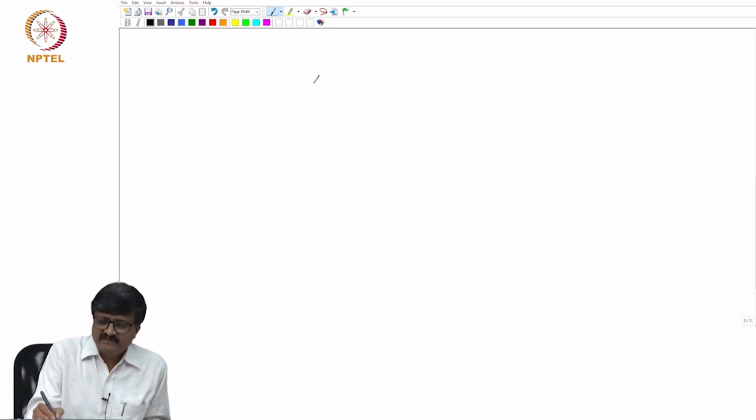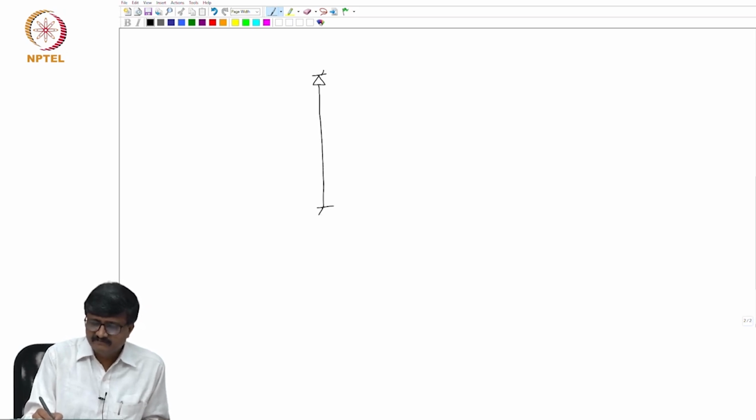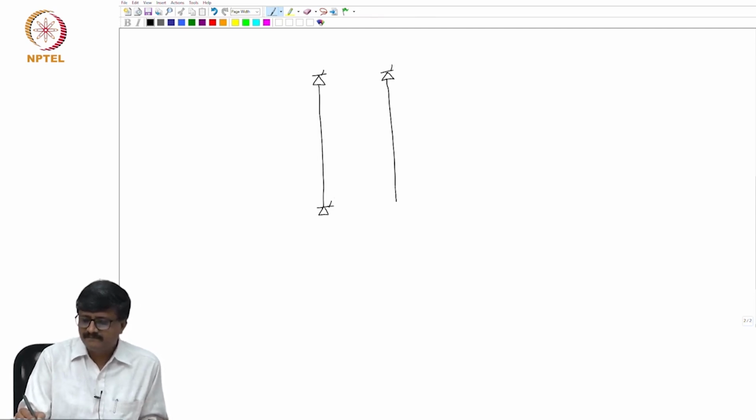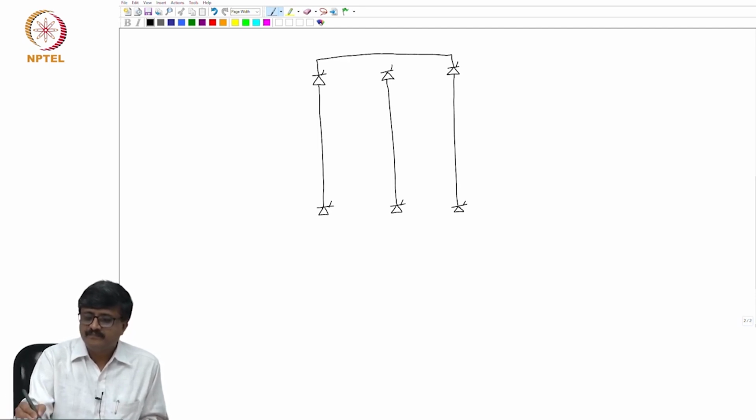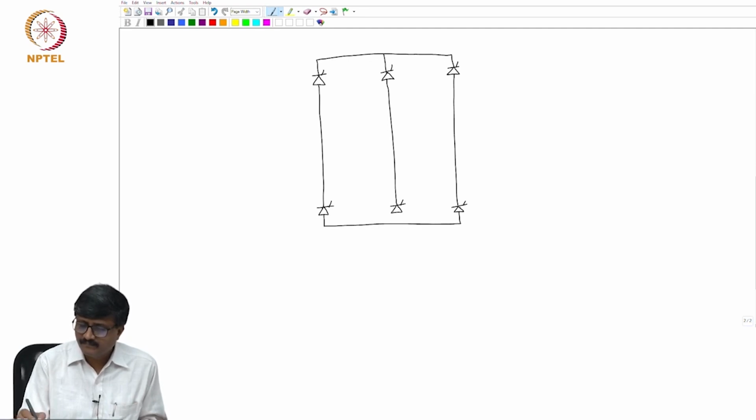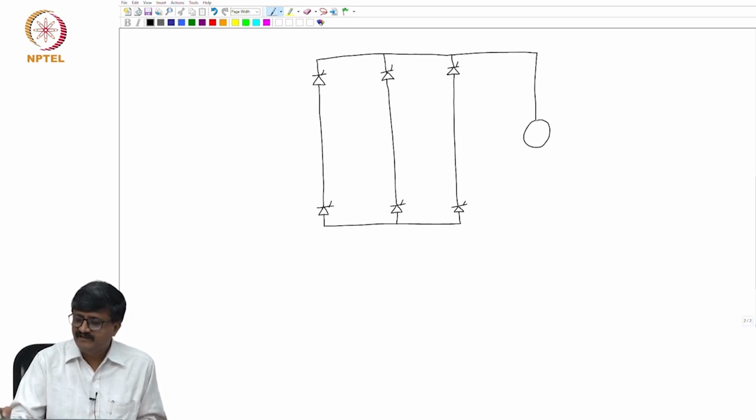So, let us consider this circuit. I have a converter with 3 legs. The DC side is represented by a constant current source ID.